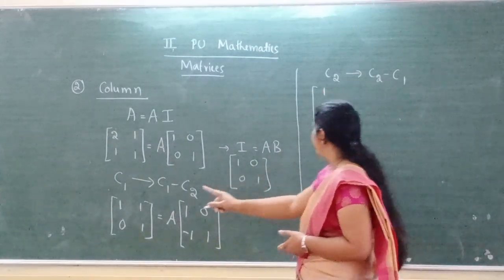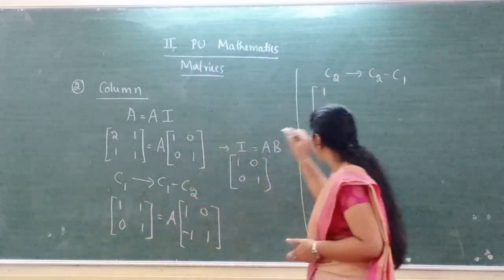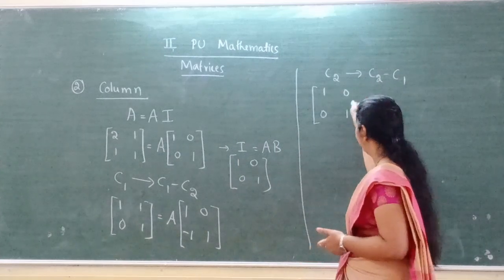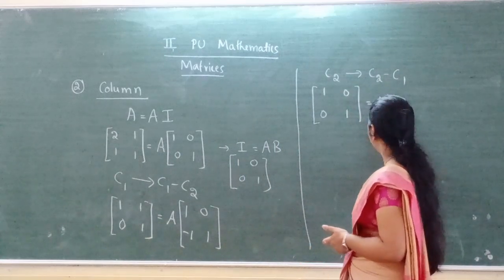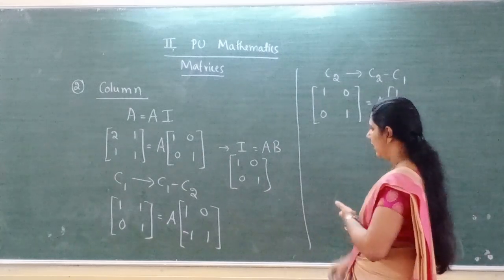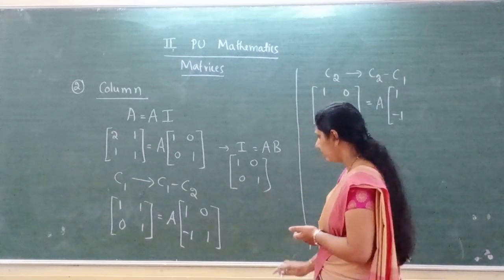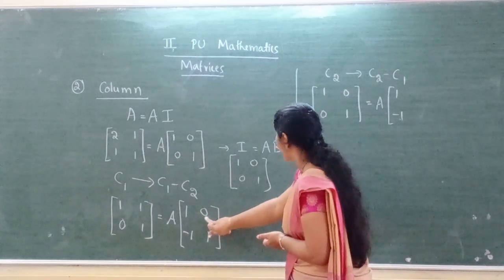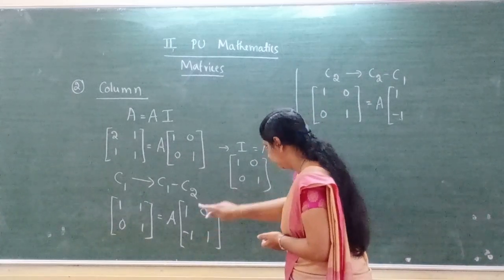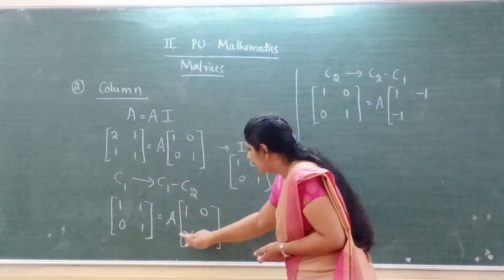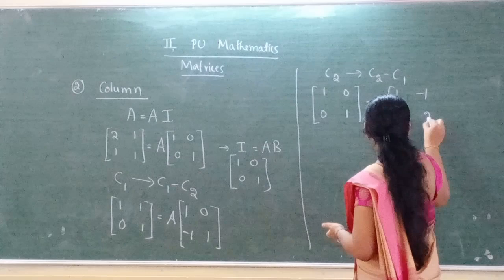The second column 1 minus 1, 0, 1 minus 0, 1 is equal to A into, again the first column has no change. In the second column 0 minus 1, minus 1, 1 minus of minus 1, 2.